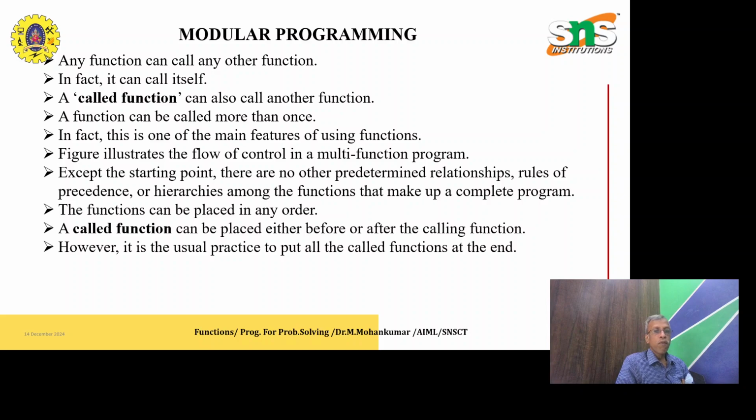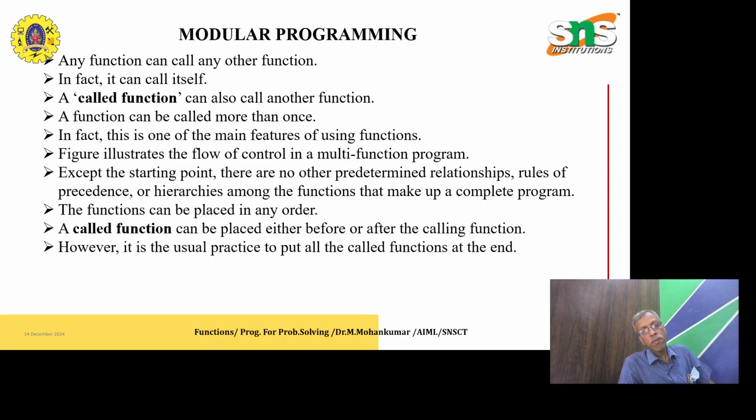The figure illustrates the flow of control in a multiple function program. That is slide number 10, which describes the flow of control in a multifunctional program. Except for the starting point, there are no other predefined relationships, rules for precedence, or hierarchies among the functions that make up a complete program.